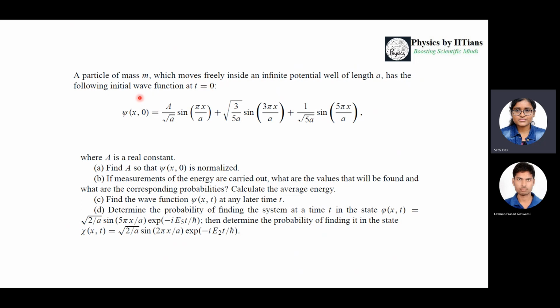The wave function is psi(x, 0) equals A divided by root a sine(pi x by a) plus root(3 by 5a) sine(3 pi x by a) plus 1 by root(5a) sine(5 pi x by a), where A is a constant. Now you have to find A so that psi(x, 0) is normalized. So you have to find the normalization constant.